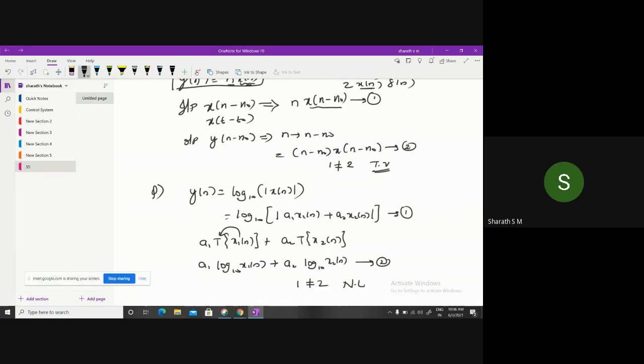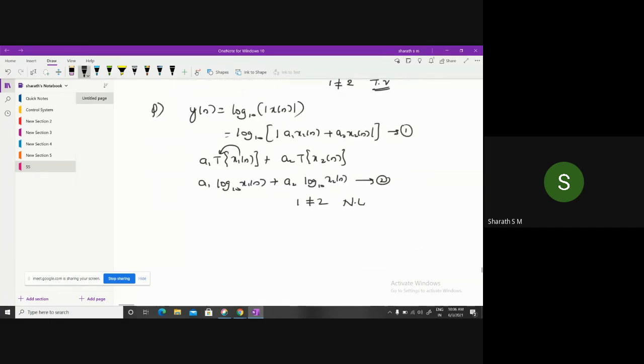It's time invariance. So input is equal to output, so time invariance. Write on the next problem.